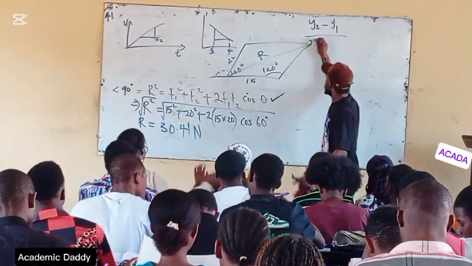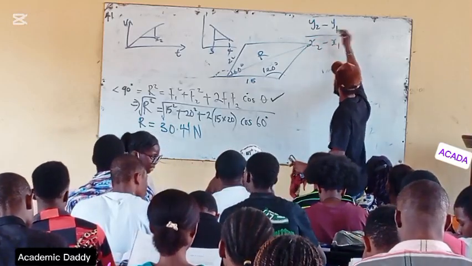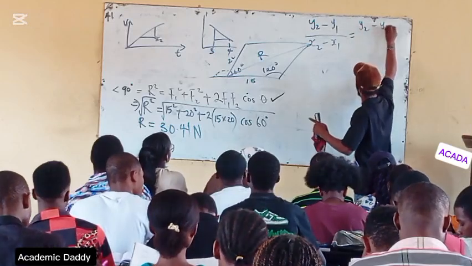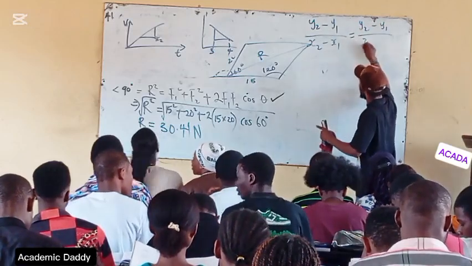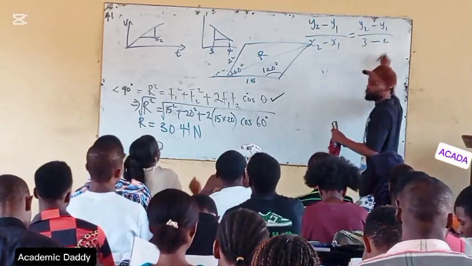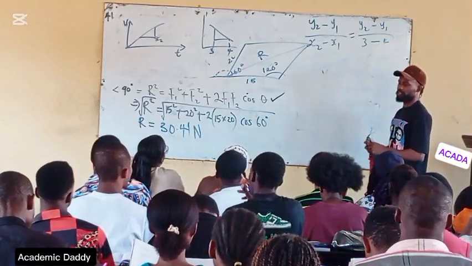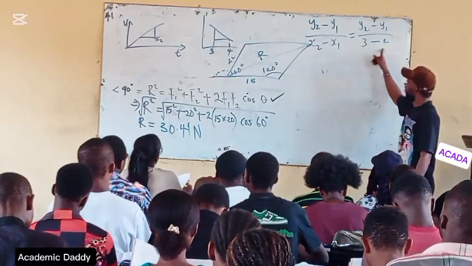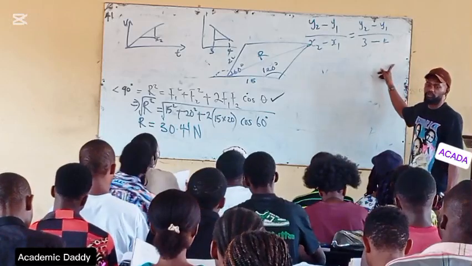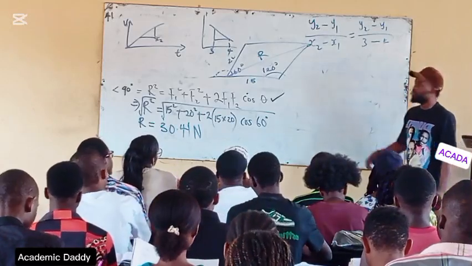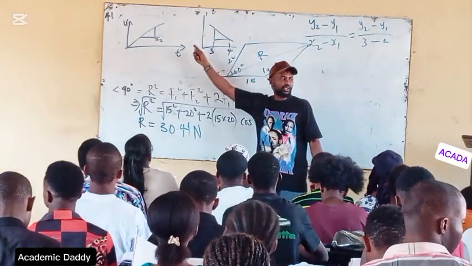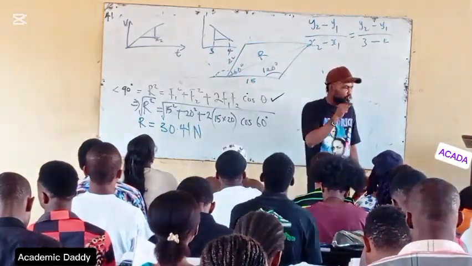x2 minus x1. Whatever y2 is and whatever y1 is, this one will be 3 minus 4. Please, I'm serious about this. This will give you a negative sign. It's very important to note this. Whenever your vertical axis meets your horizontal axis, that becomes your x2.